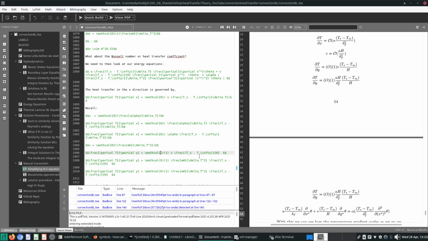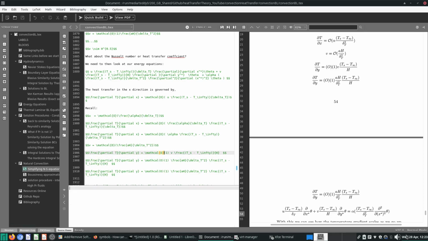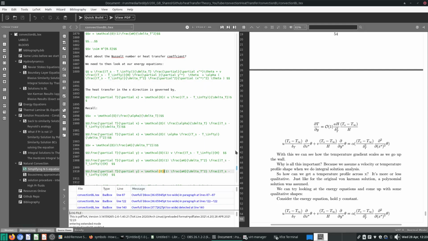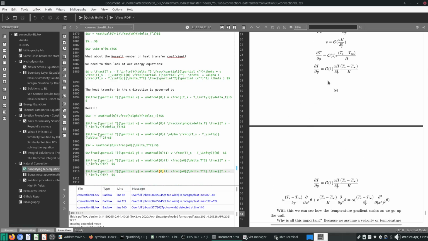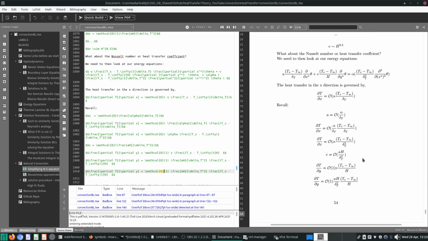Okay, anyway, I will just stop for now. But basically, you will just have dT/dy also on the same order of magnitude as what we have before, sort of.